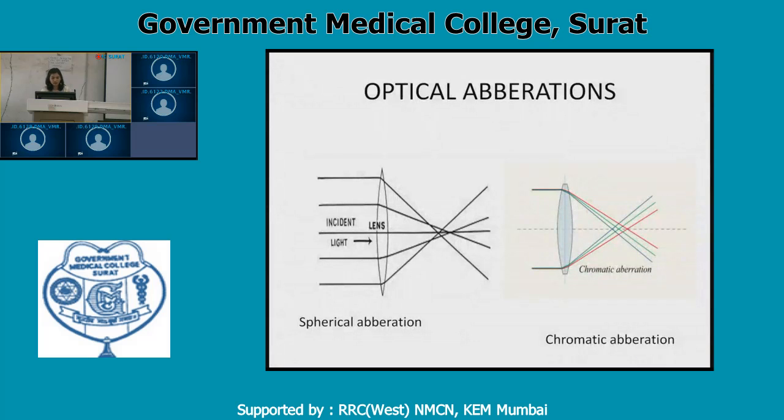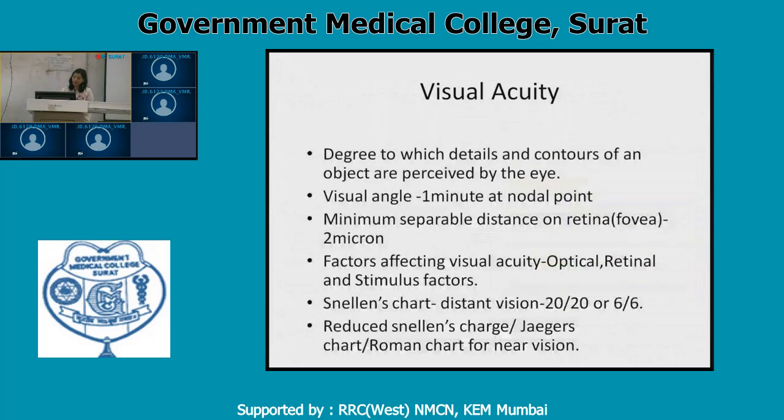Now, refractive errors are diagnosed by visual acuity. We must have visited an ophthalmologist and seen the Snellen's chart. So what is visual acuity? It is the degree to which details and contours of an object are perceived by the eye.